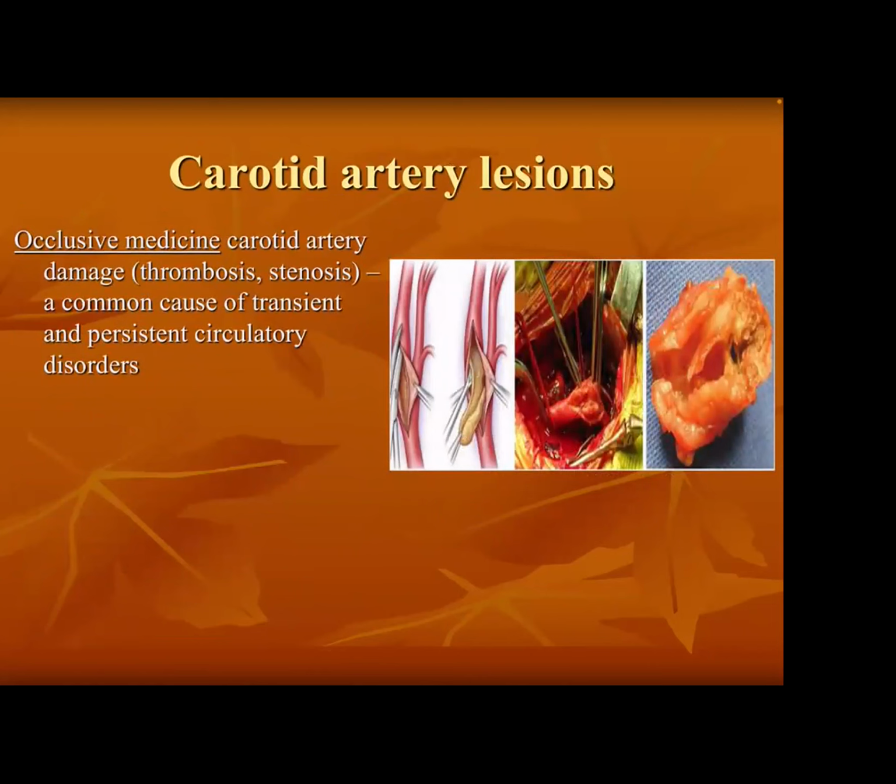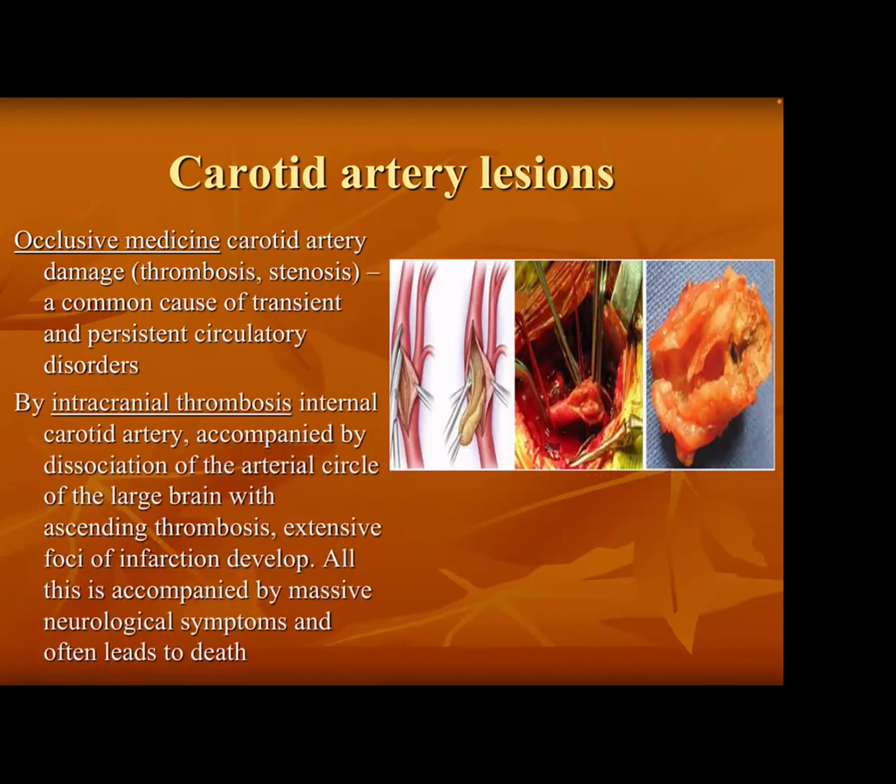Carotid artery lesions, such as occlusion, thrombosis, and stenosis, are a common cause of transient and persistent circulatory disorders. With intracranial thrombosis of the internal carotid artery, accompanied by disruption of the circle of Willis with ascending thrombosis, extensive foci of infarction develop. All this is accompanied by massive neurological symptoms and often leads to death.